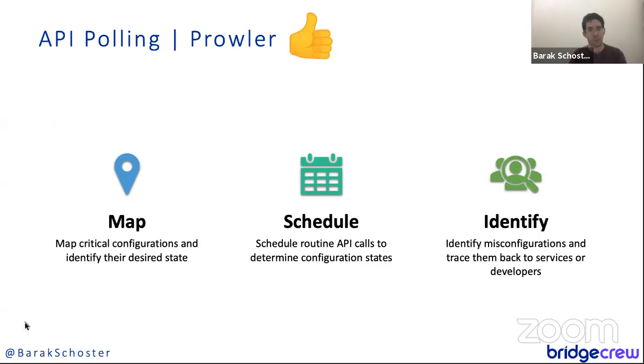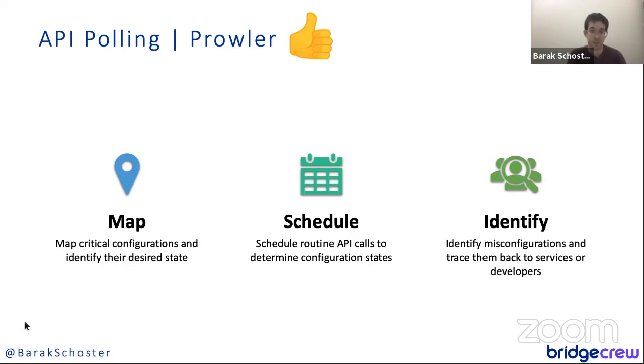As for the second approach, there is an awesome tool called Prowler. It's actually one of my favorites, and the reason is because it has tons of content, over 100 different detection capabilities, both of best practices and compliance like PCI checks, HIPAA and CIS benchmark.